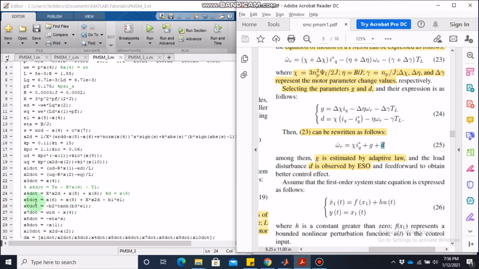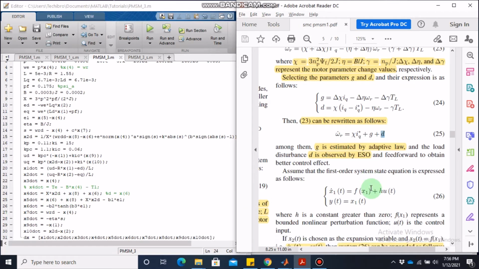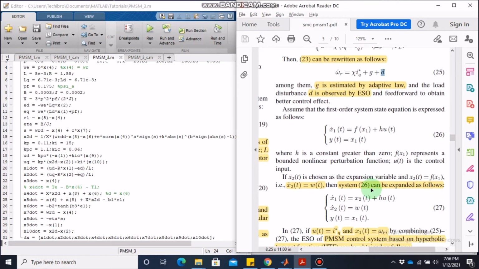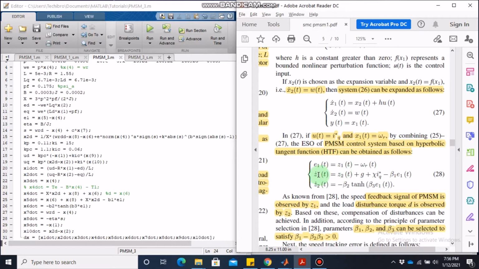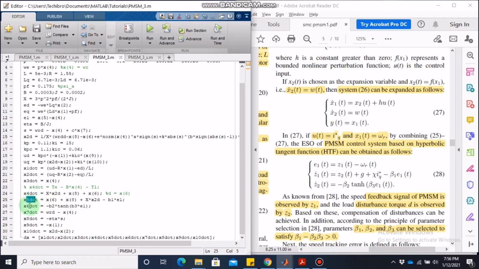Then x5 dot is basically the dynamics of the ESO, this hyperbolic tangent function based observer. So here z1 dot is equal to z2 plus g plus x times this and this. So this is encapsulated here. So z1 is x5 and z2 is x6.